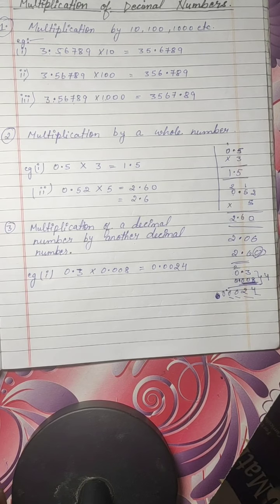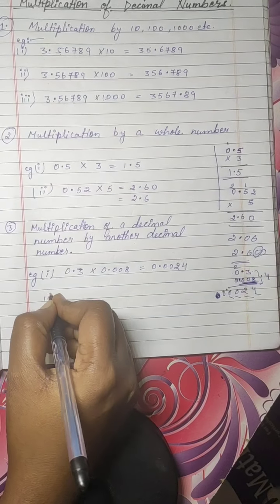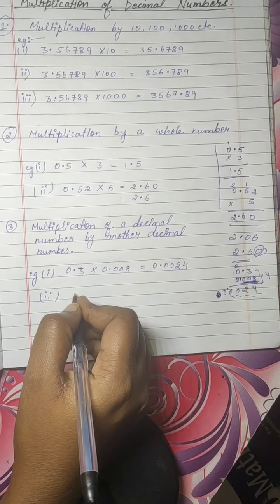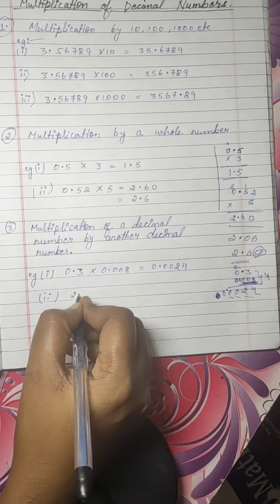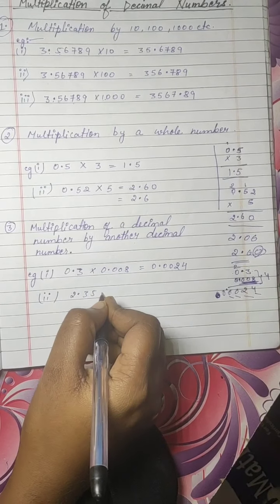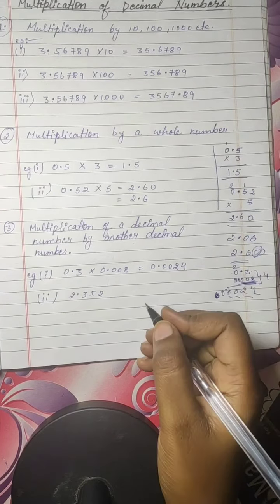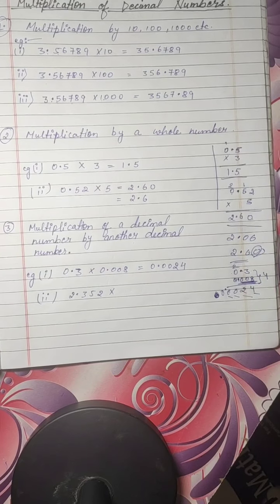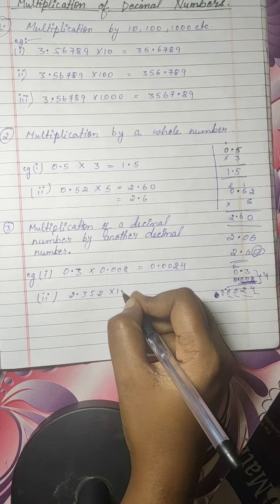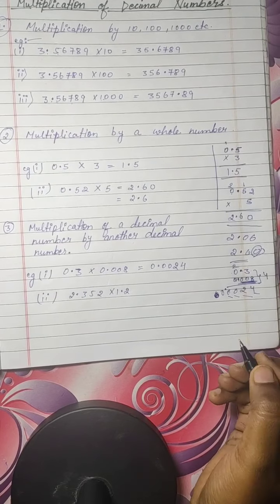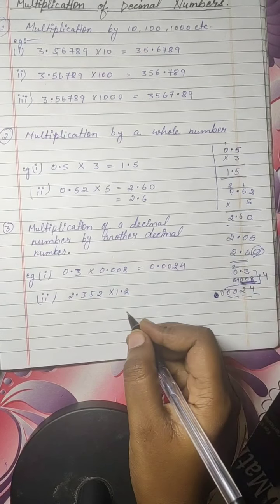Now let's take one more example. You can easily understand. Now let's see 2.352. Okay, we will multiply with 1.2. Okay, now let's multiply it.